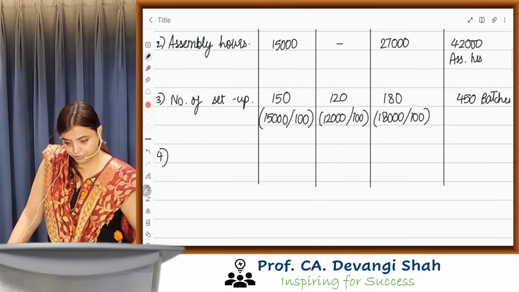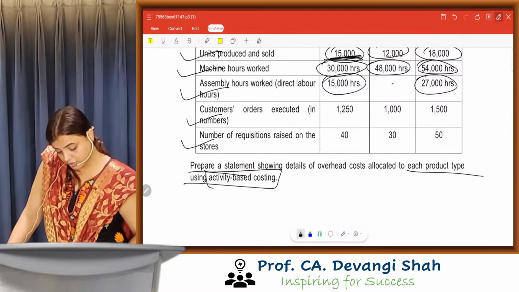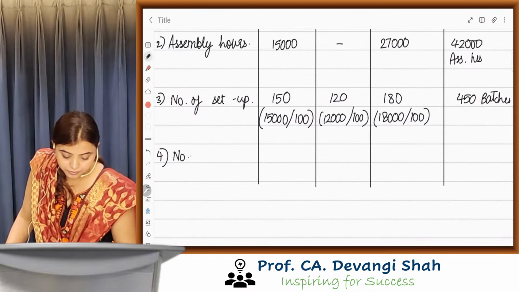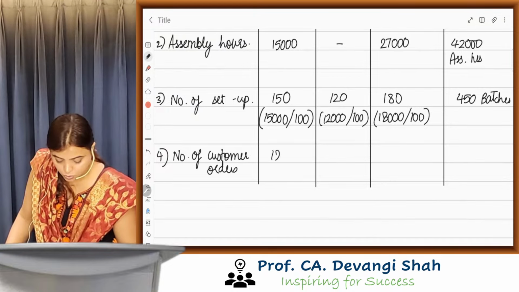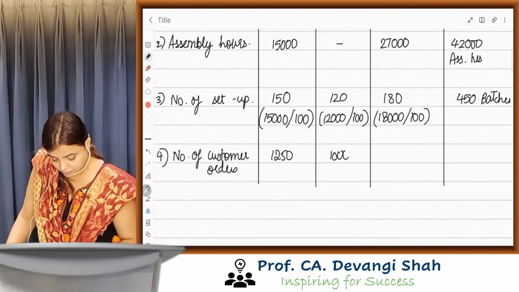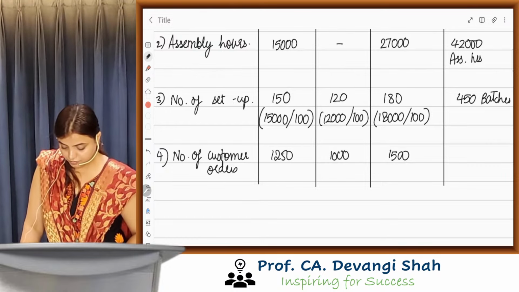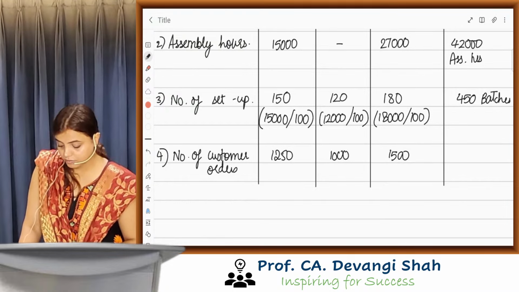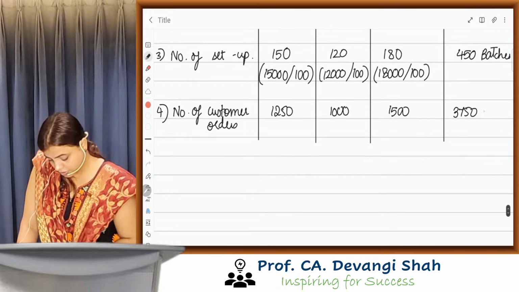Driver number 4. Number of customer orders already calculated and given. 1,250 for P, 1,000 and 1,500. Total 3,750 orders.